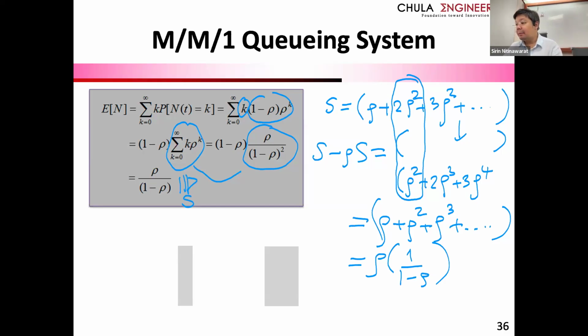So if 1 minus rho S is equal to that, what is S? S is rho by 1 minus rho square. So 1 over rho cancels 1 over rho square. So you get the expected number of customers in the system to be rho by 1 minus rho.